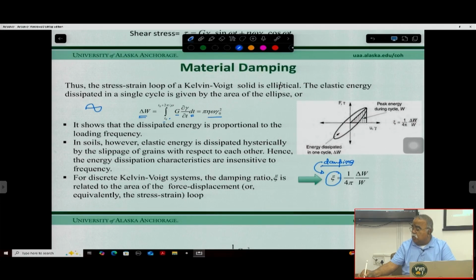So zeta is equal to 1 by 4 pi times delta W by the total value of W, right? So that is your damping. It is 1 by 4 pi because this is the full circle, the 4 pi solid angle. So that's your delta W by these values, right?